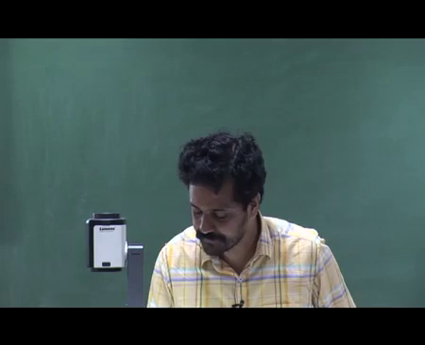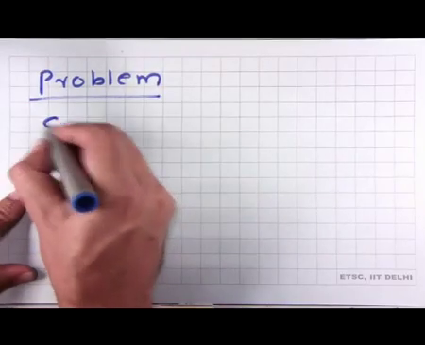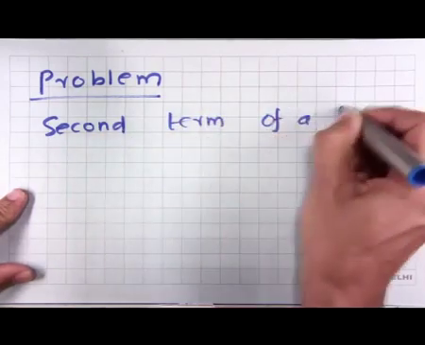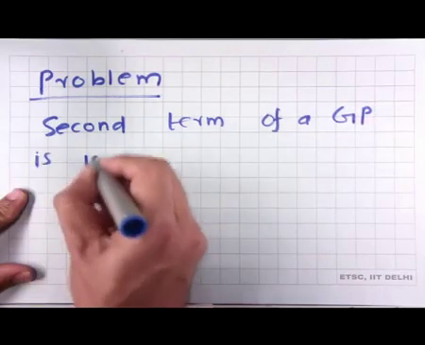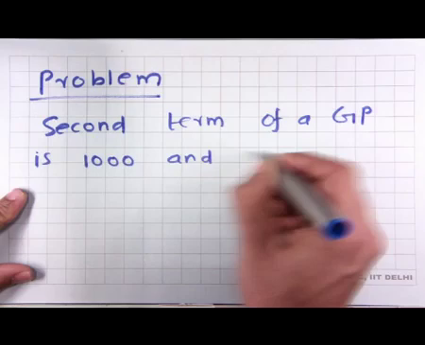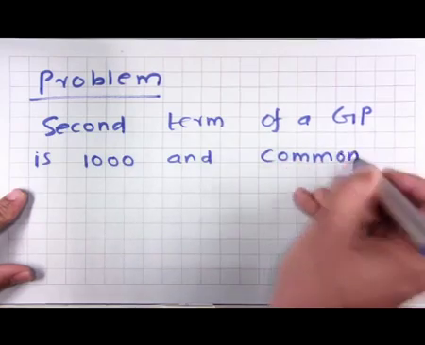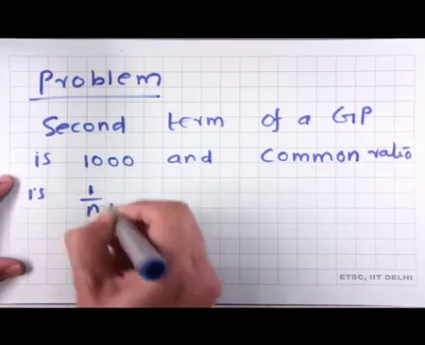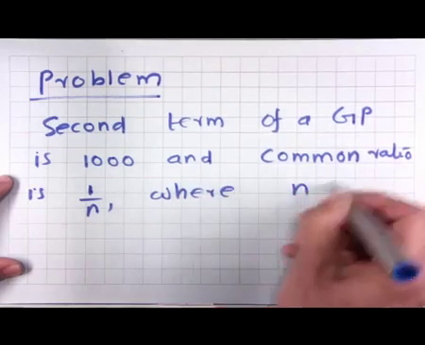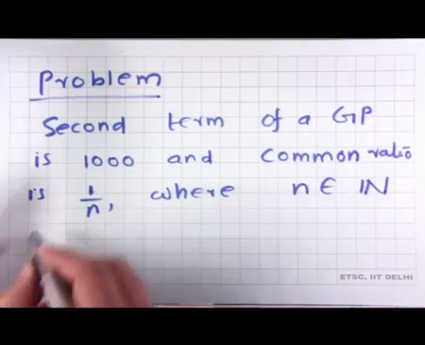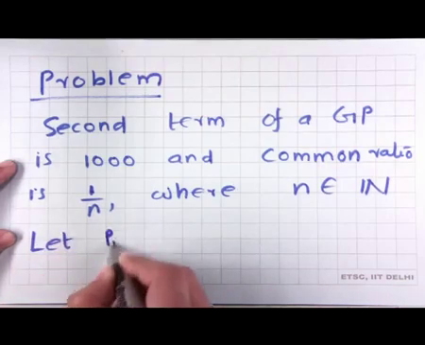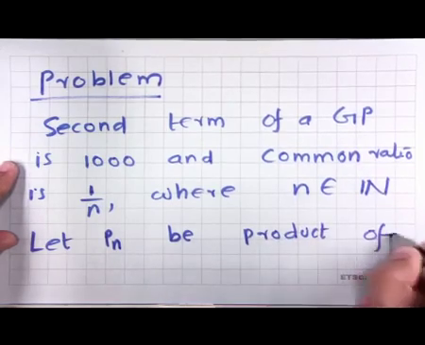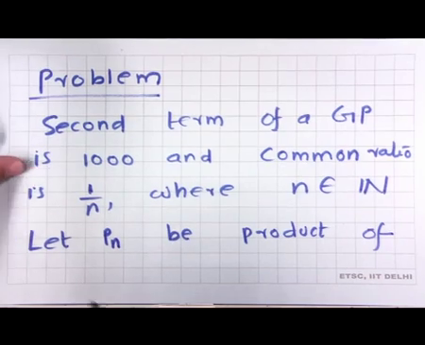Let us continue. The second term of a GP is 1000 and the common ratio is 1 by n, where n is an element of N. Let Pn be the product of n terms of this GP.